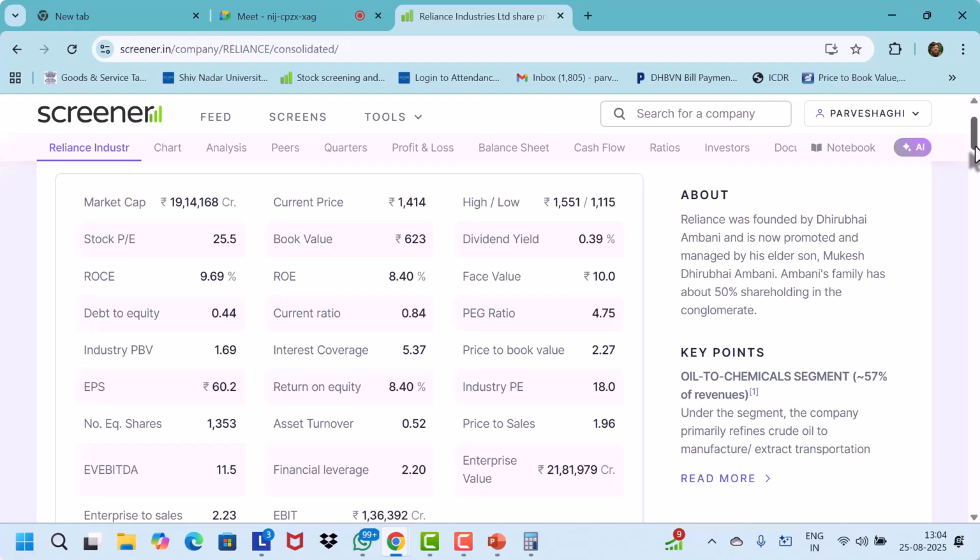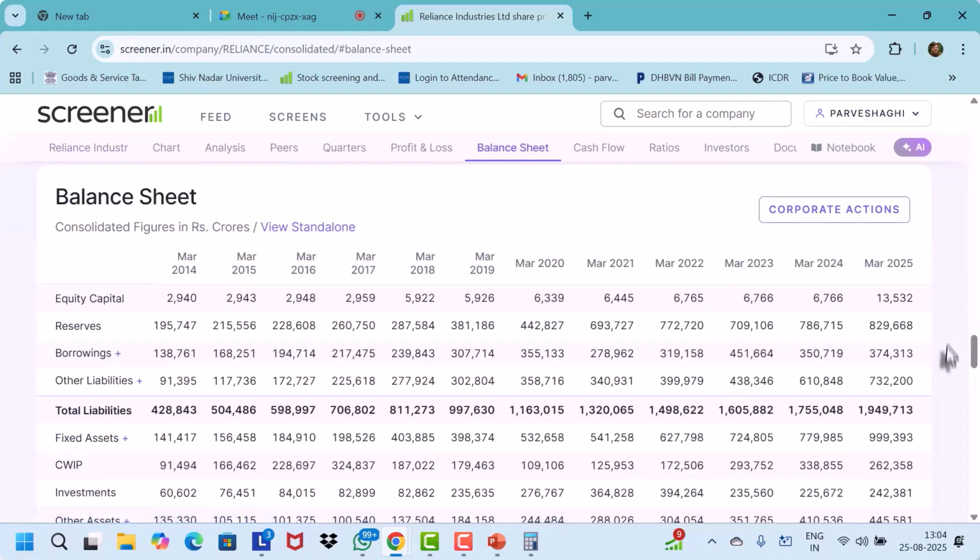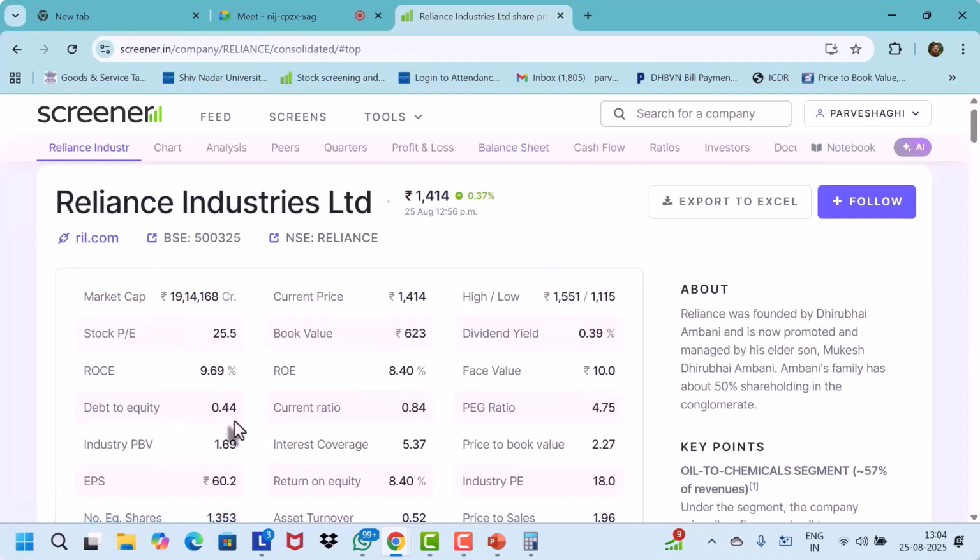So it's 44 paisa for 1 rupee of equity. Absolutely. Now tell me, does Reliance have more debt compared to Hindustan Unilever or the other way around? Reliance is a big company, one of the biggest companies of India, or rather the biggest company of India.